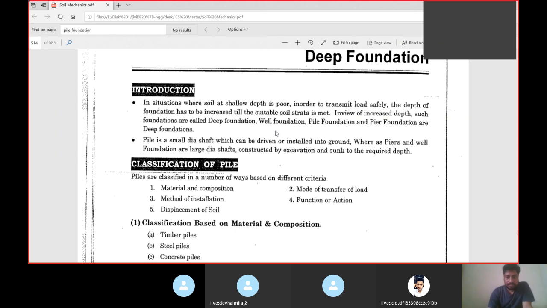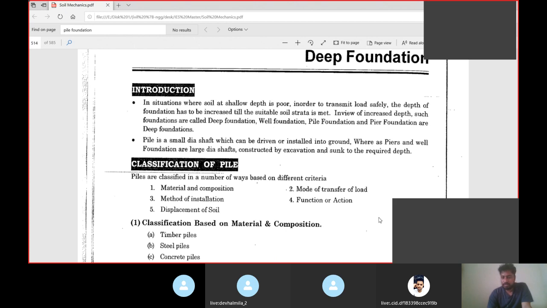So we'll discuss each foundation one by one in our later classes. Like well foundation, I hope you are familiar with it. In case we have to establish a bridge near the sea or near the oceans, there we are using this type of foundation known as well foundation, where a pier is installed over the footing, right?